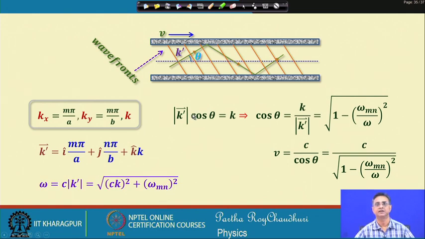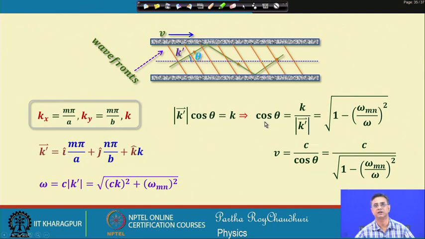So, k dash cosine theta equals k. You can look at this: this is your k dash direction, and this is the z component of k. So, k dash cosine theta will be the value of k, and that is what is written here.